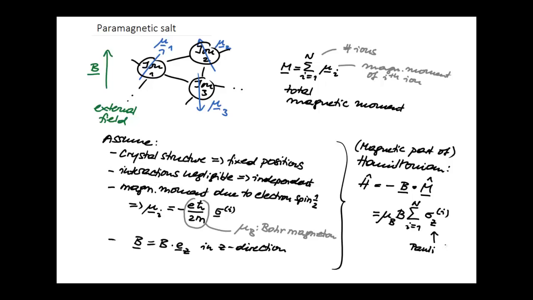The Pauli matrix (1, 0, 0, minus 1), Pauli Z, pertaining to the ith ion. This is the Hamiltonian of our very simple model for a paramagnetic salt.